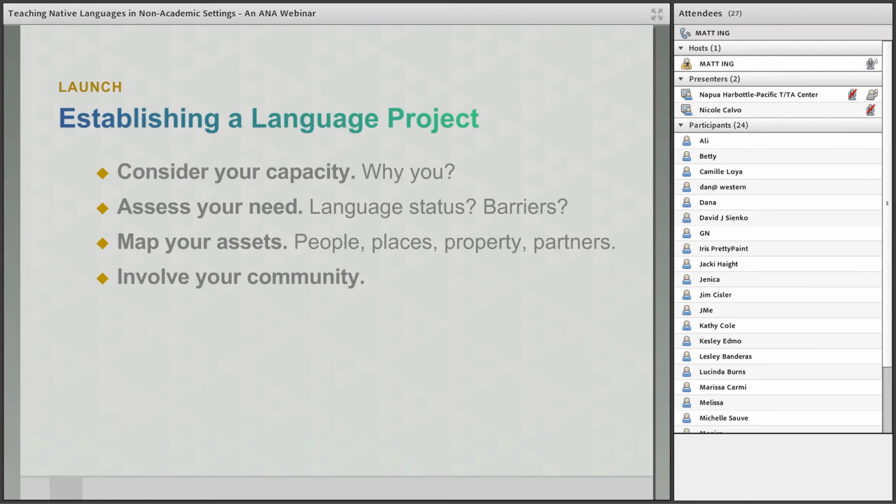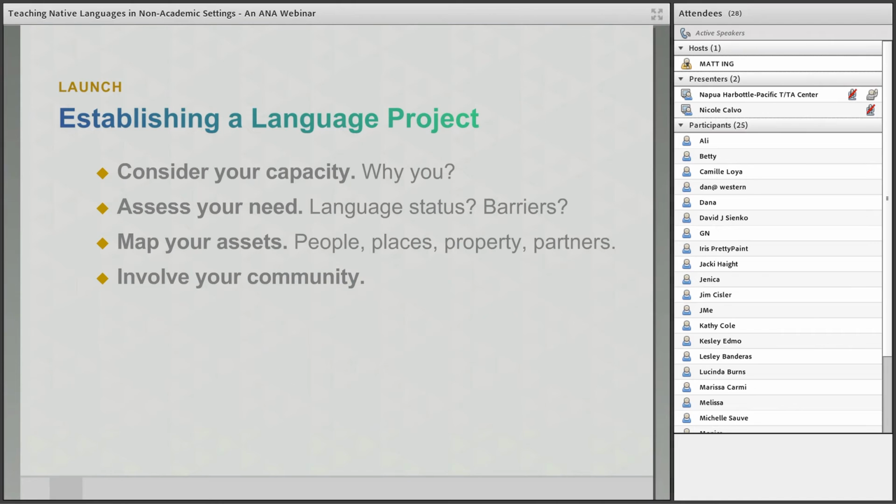The last and most important thing is to involve your community. You have to have community involvement with your language project. If you don't have community involvement with your language project, then it's just a very, very academic pursuit that might not make that much of an impact in your community.